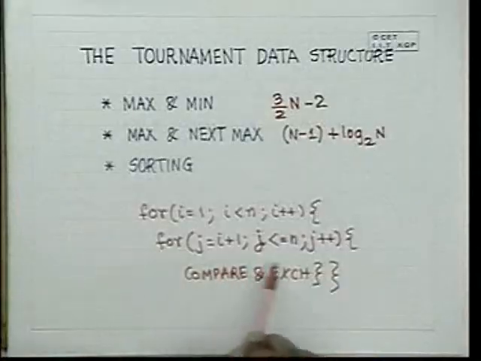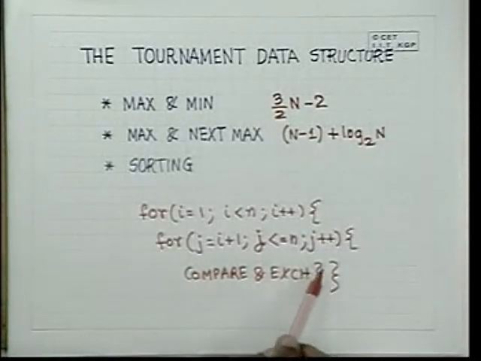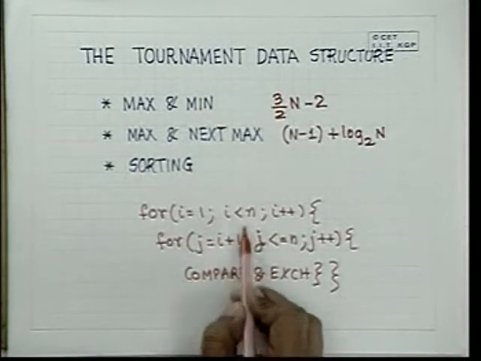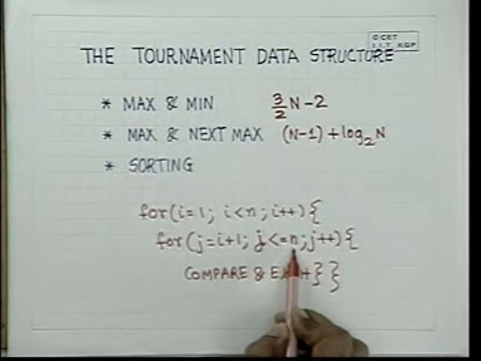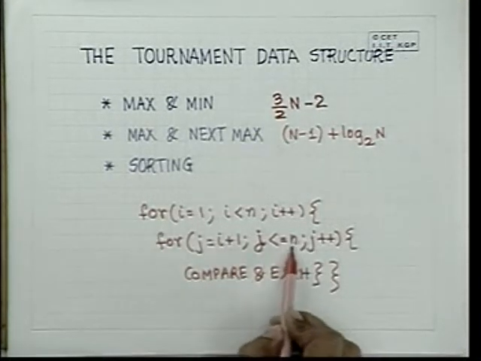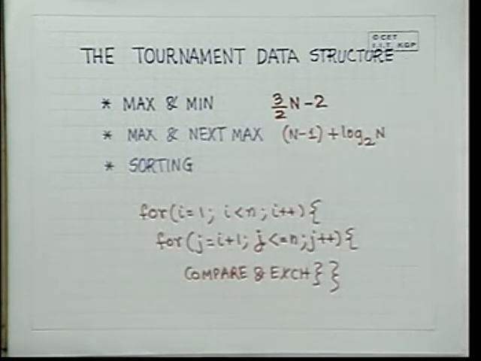And how many comparisons and exchanges do you do in this sorting routine? This loop goes from 1 to n minus 1 and this i plus 1 to n. So when i is 1, this does n minus 1. When i is 2, it does n minus 2.